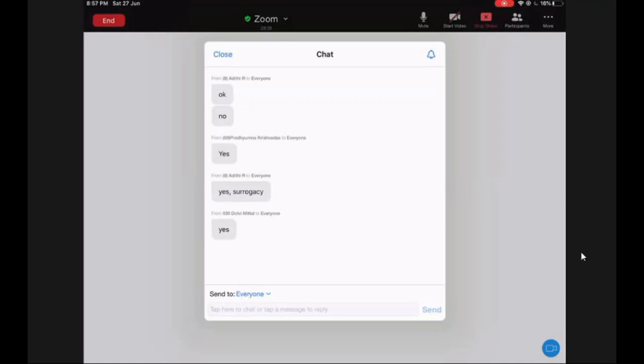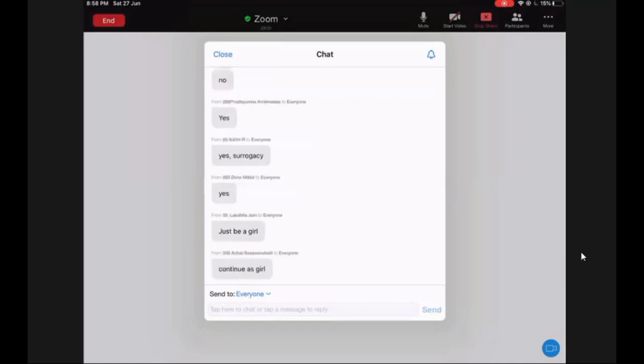So her secondary sexual characters are good, but the only issue she has is about menstruation. But then you find out in your karyotype that it is not a she, it is a he. What will you tell the parents? Will you tell them to continue as a girl only, or will you tell them to treat her like a guy? Just be a girl. Yes, correct.